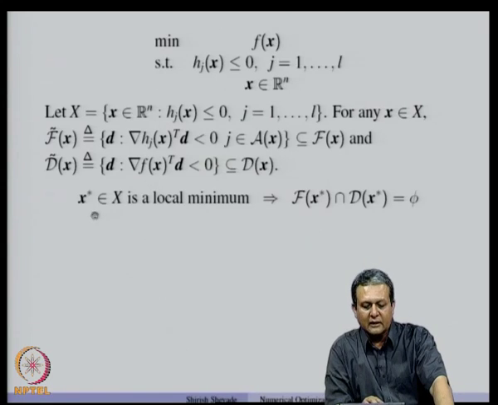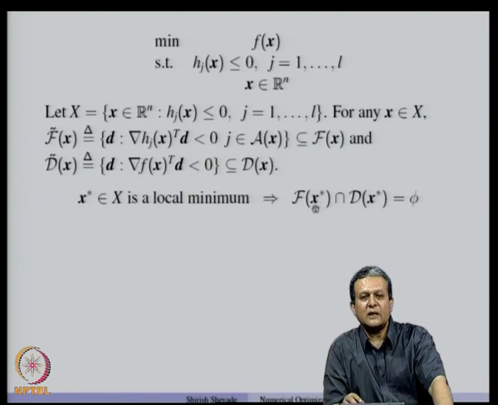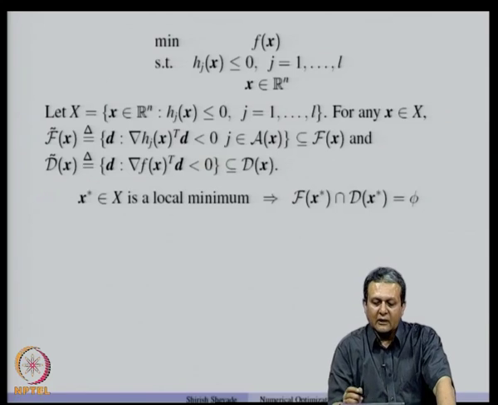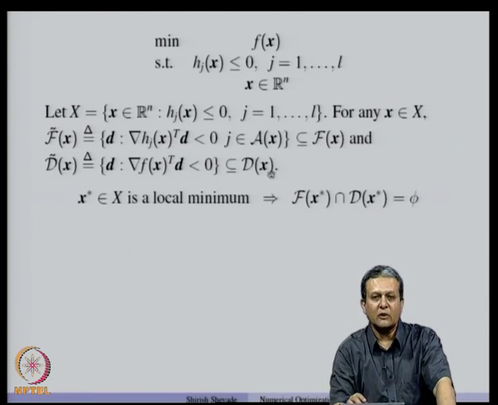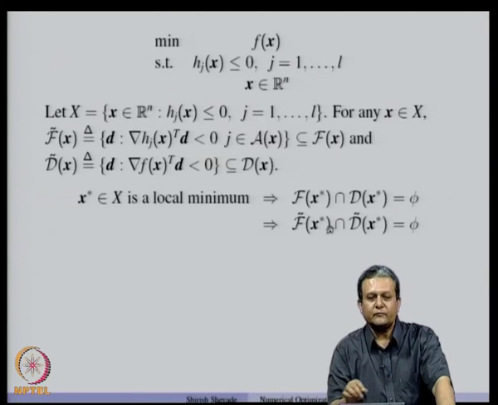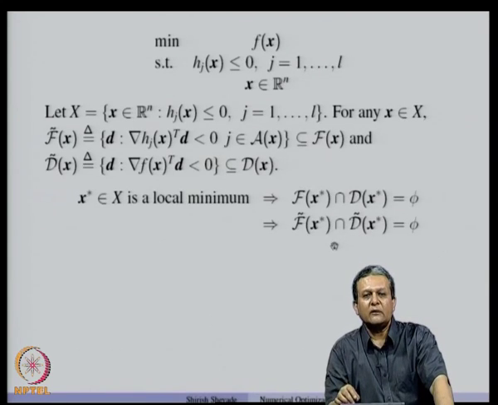And we saw earlier that x star in the feasible set being a local minimum implies that f x star, the feasible set at x star, and the set of descent directions at x star have an empty intersection. Since f tilde x is a subset of f x, and d tilde x is a subset of d x, we can write this as the condition where the sets f tilde x star and d tilde x star have an empty intersection.